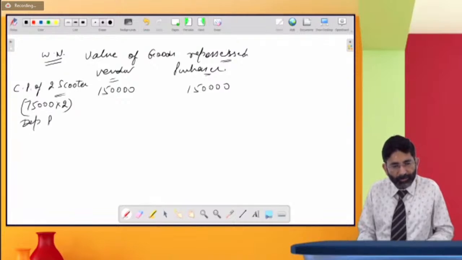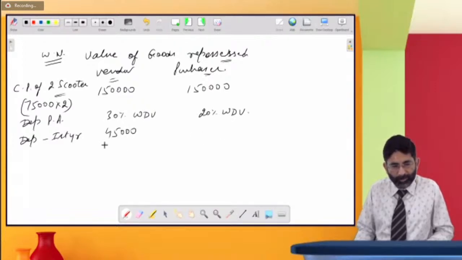Depreciation per annum is 30% WDV method for the vendor and 20% WDV method for the purchaser. So we have to charge depreciation. Depreciation for first year, according to 30%, it will be 45,000. So it will be 1,05,000. In the second year, again depreciation of 30% will be charged on the balance. So it will be 31,500. So it will be 73,500.